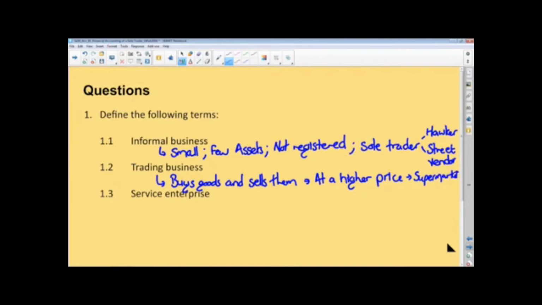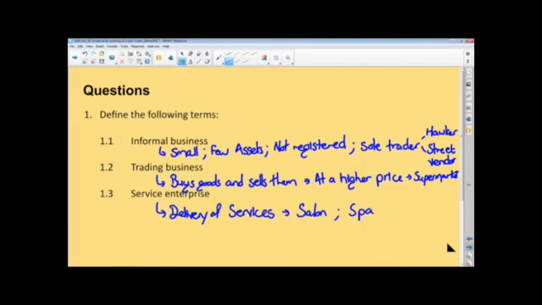Now, what is a service enterprise? A service enterprise will be a delivery of services. For an example, a salon or a spa.